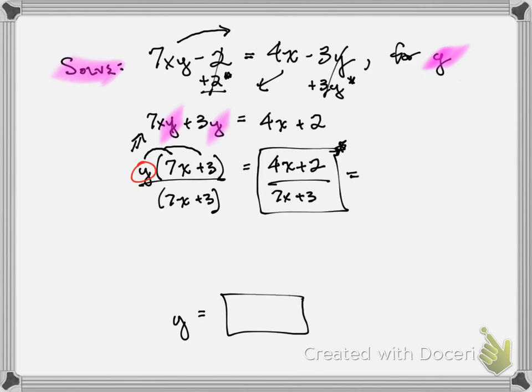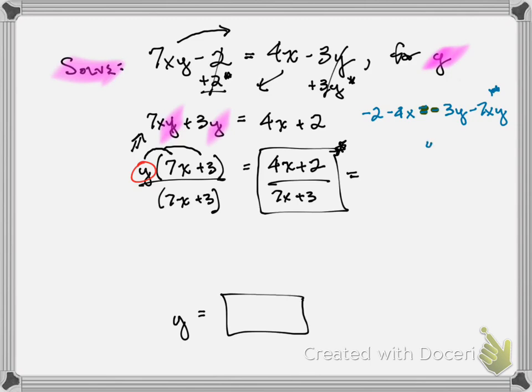Let me change colors. I would have negative 2 minus 4x is equal to negative 3y minus 7xy. Again, I have all of my y terms over here. That's what I want.